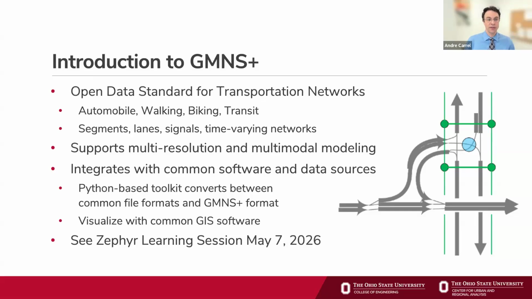So the idea behind GMNS Plus is to specifically support multi-resolution modeling and multimodal modeling, and to have an open and common data standard that is agnostic to the specific application that it's being used for.